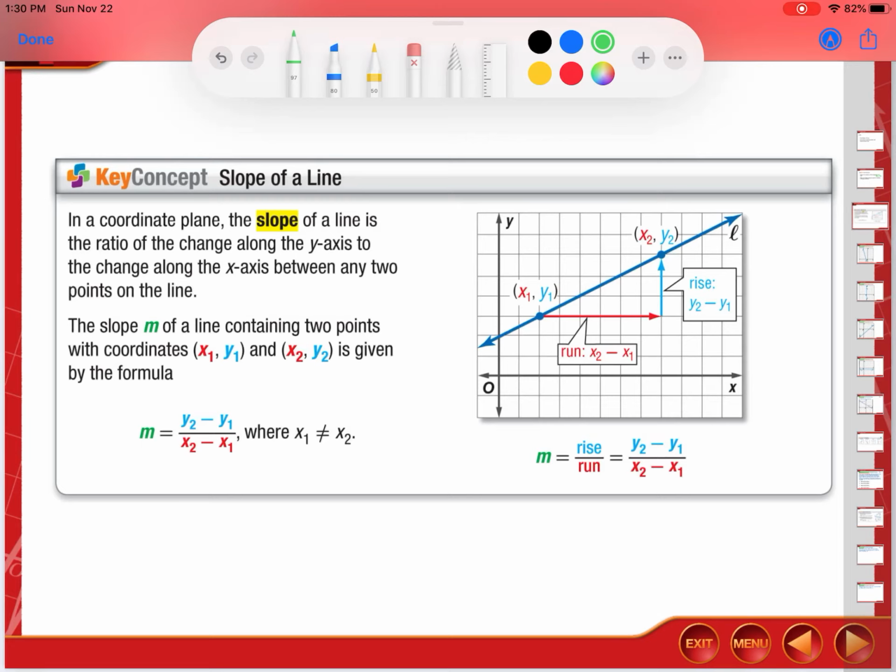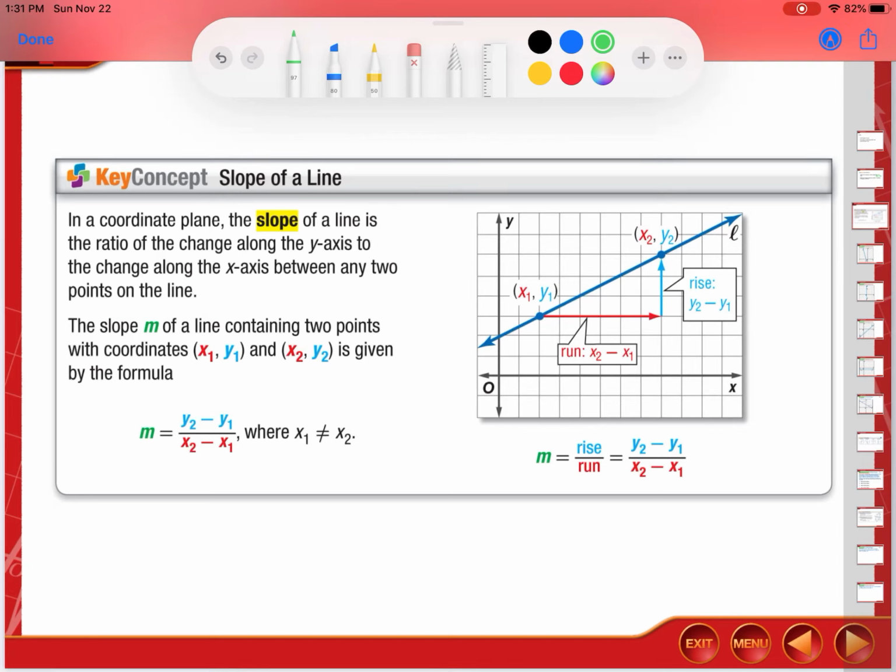All right, so key concept, slope of a line. In a coordinate grid, the slope of a line is the ratio of change along the y-axis to the change along the x-axis between any 2 points on the line. The slope m is almost always used to show slope.